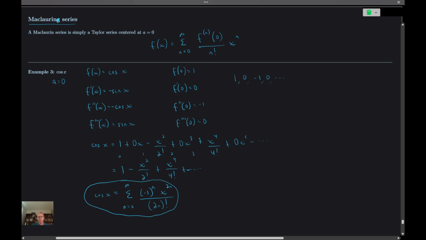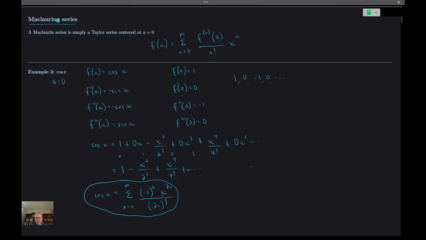Now, I did put a table of the common ones that you see in the page on Canvas, so you can look at those. It's possible you can memorize those, I guess. I don't know that I'd recommend it, but it might actually be good practice to look at those and see if you can derive them yourself, because they're so similar. Notice this one is very similar to the cosine one, or the sine.